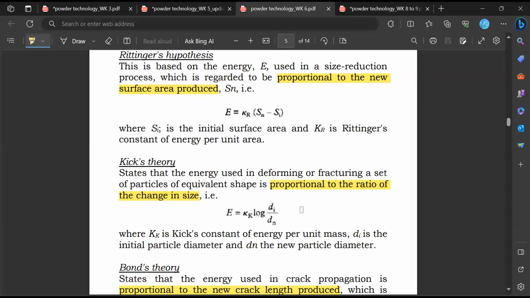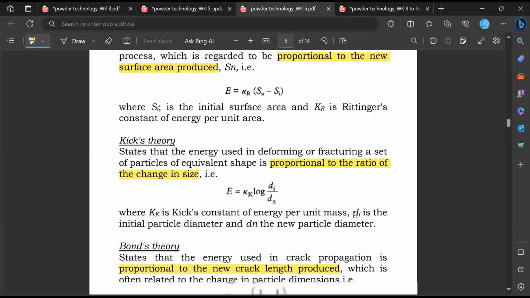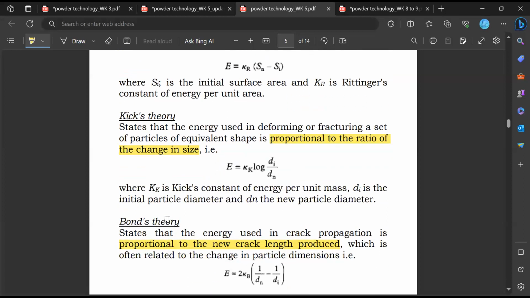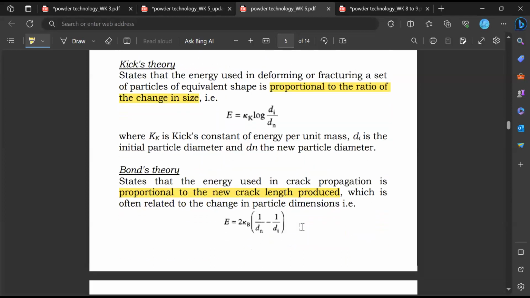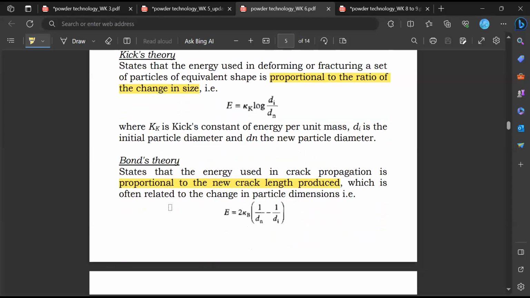So you're going to reduce the size, and the ratio will be the previous size, which is larger, compared to the new size. Third one is Bond's theory, which is proportional to the new crack length that is produced.